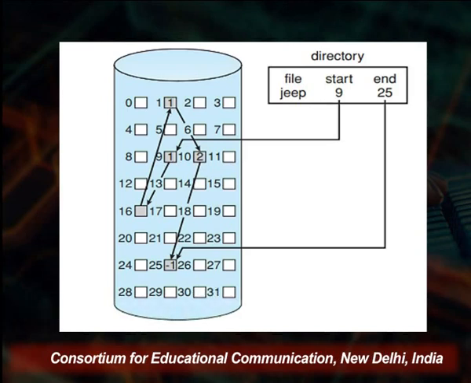So only the start and the end block has to be specified along with the file, and the rest of the flow is taken care of by that linked list of the disk blocks, which is directing. So from 9 it goes to 16, from 16 it goes to 1, and so on and so forth. So this was the example of your linked allocation.